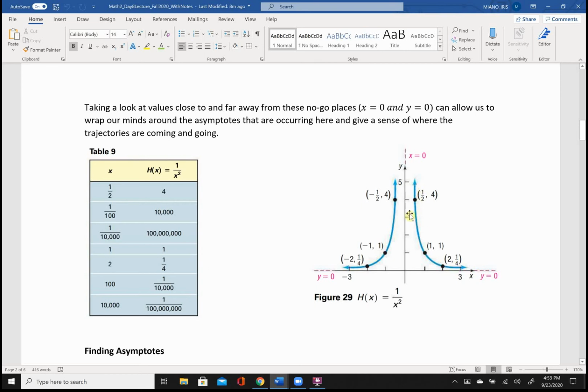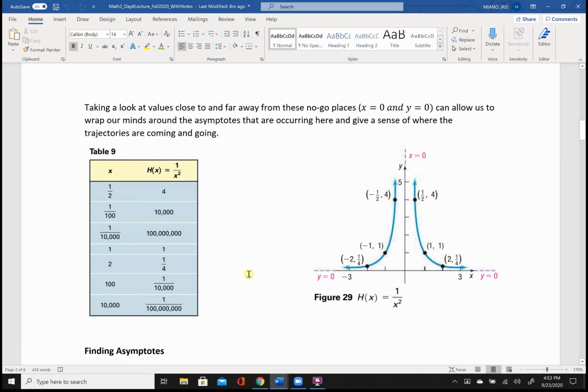And so that's just describing this blue trajectory right here in the first quadrant. And then the evenness that we know to be the case for this particular function is going to dictate that that same blue trajectory shape is going to be reflected over the y-axis, and that gives us this other blue shape on the other side of the y-axis.